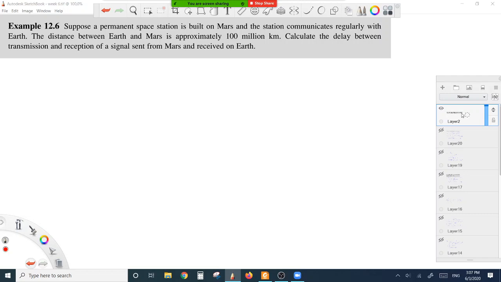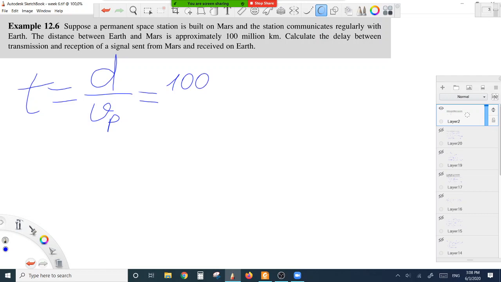In order to calculate the time, if we know distance and velocity, we just take the ratio between distance and velocity. Distance is 100 million kilometers. It means 100 million is 10^6 multiplied by kilometers. If we switch kilometers into meters, we add 10^3 meters.